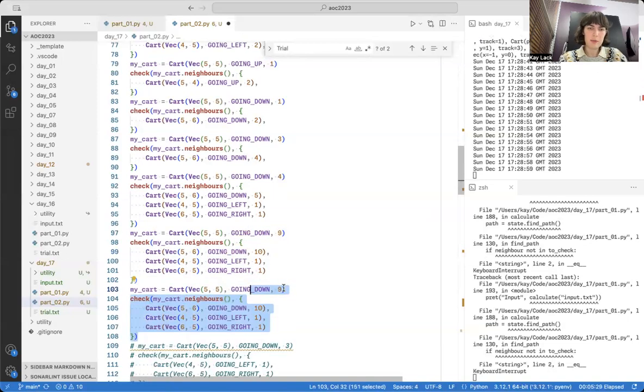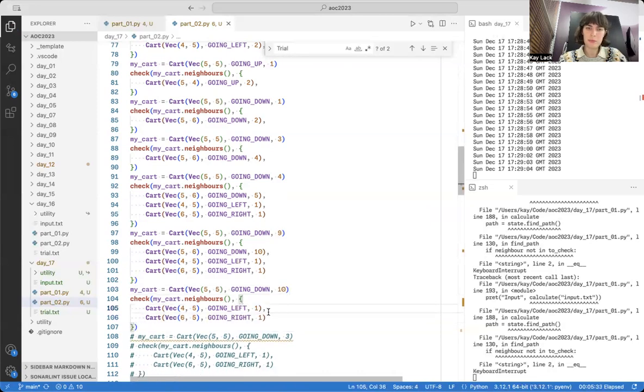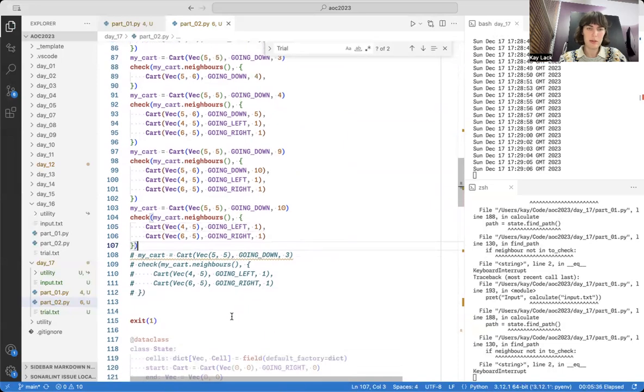And then at 10, it must turn. Okay, great.